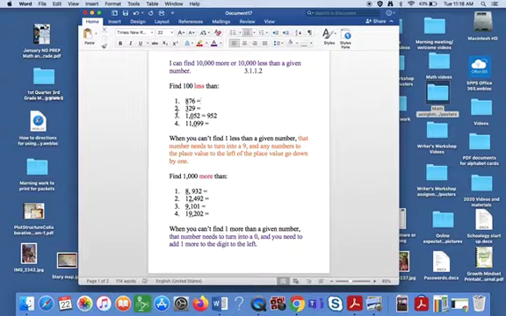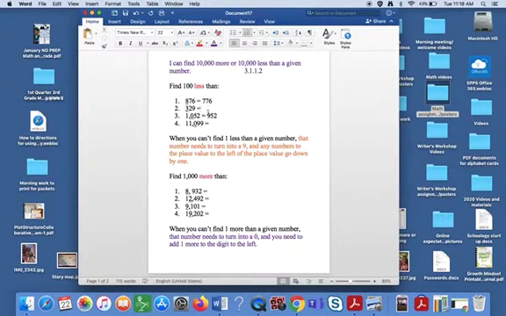I can take the 8 in the hundreds place and change it to a 7, and all the rest of the digits stay the same. So 876, 100 less, would be 776.